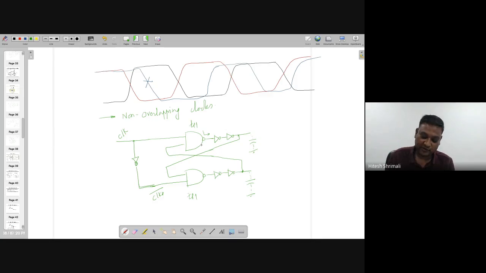Through that you can find the stage number, and accordingly you can have Q and Q bar. So Q and Q bar will be non-overlapping with this kind of connection, which is already known to you. You can derive this by looking at your fundamental digital electronics course.